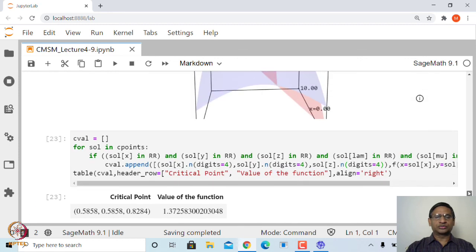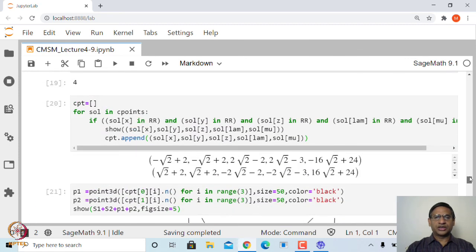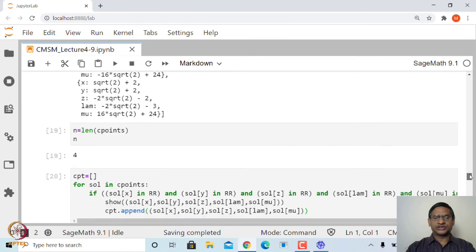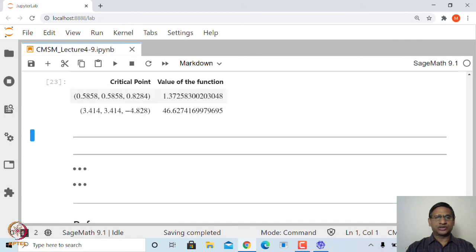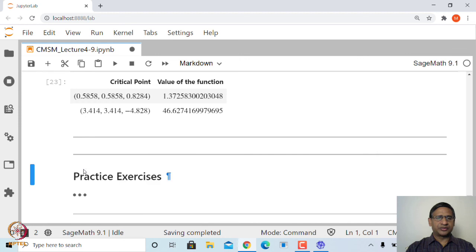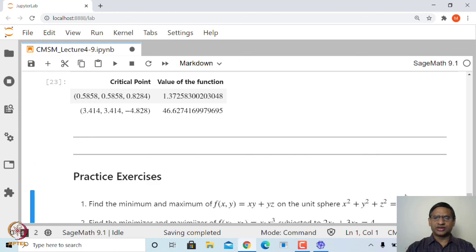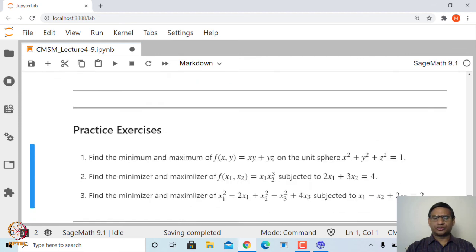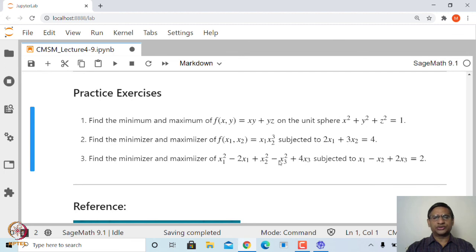So, you can try to solve more problems with more constraints. You can extend this to a function of n variables with as many constraints as you want. Let me leave you with some practice exercises. These are quite straightforward ones, and you are expected to solve these problems using SAGE math. First is to find the minimum and maximum value of this function subject to the unit sphere.